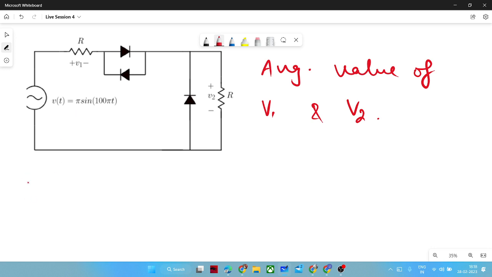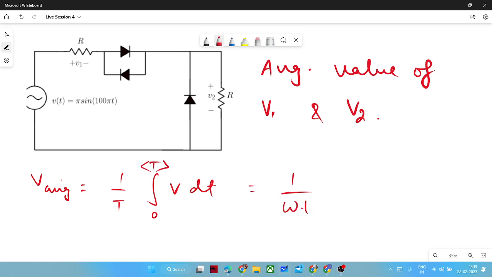And for the average value, let me write the expression: V average is equal to 1 by time period, integral over one time period, of V dt, or you can write it as 1 by omega t for the time period T into integral of V d omega t.